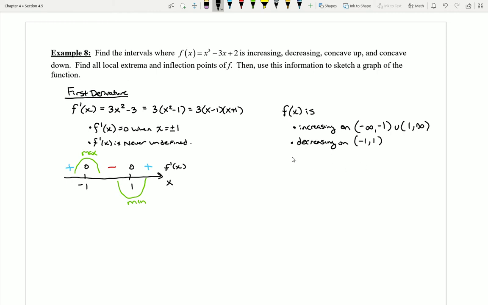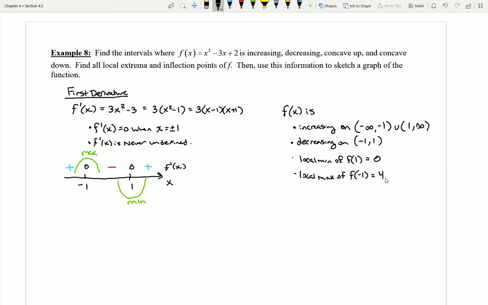I can also then see that I'm going to have a local minimum of, let's see, this would be f of 1. If I go to my function and I plug in the value of 1, I'm going to get 1 minus 3 plus 2. That's just going to be 0. I can also then see that I get a local max of f of negative 1. So that's going to get me negative 1 plus 3. Negative 1 plus 3 is 2. 2 plus 2 makes a total of 4.